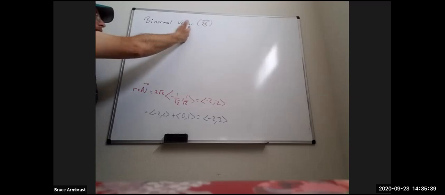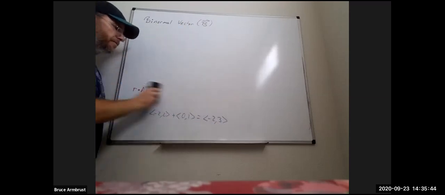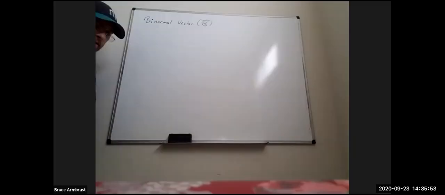So look at the name and it will tell you a lot. It's a vector, obviously. That's binormal. So what does bi suggest in terms of prefixes? Two, right? So this is a vector that's normal to two other vectors.